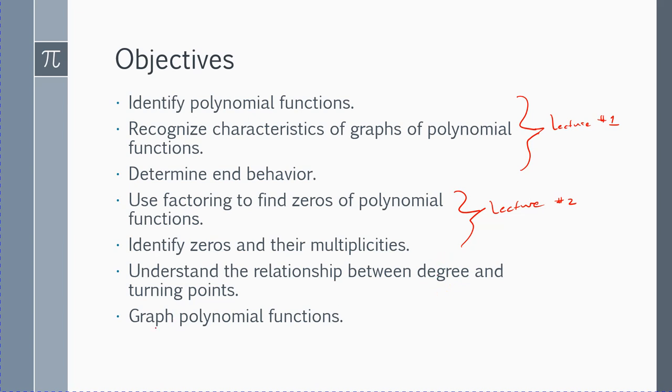And then finally, what we'll spend a lot of time on is how you graph polynomial functions. So this will be lecture number 3. I'm also going to pull out the graphing calculator for a little bit, so you can see how to use the graphing calculator for a lot of this. All right, so let's jump right into this first lecture here.